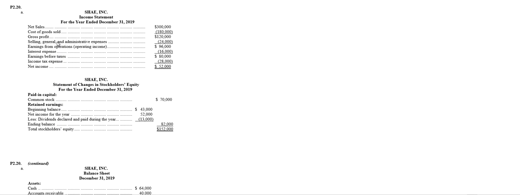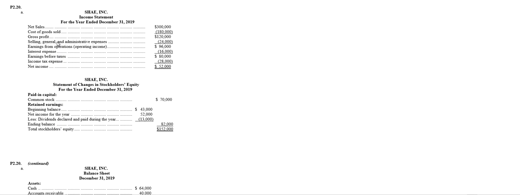It's one of those things, guys, that has become generally accepted. It's just a way they list it on the income statement. So if you get a question on a test about whether interest expense is above or below earnings from operations, it goes below earnings from operations. And then they put a line item called earnings before taxes, because they really want to highlight the tax amount that they spent.